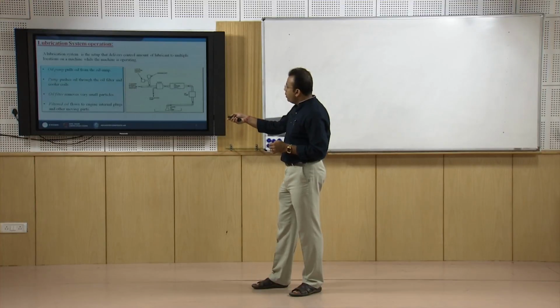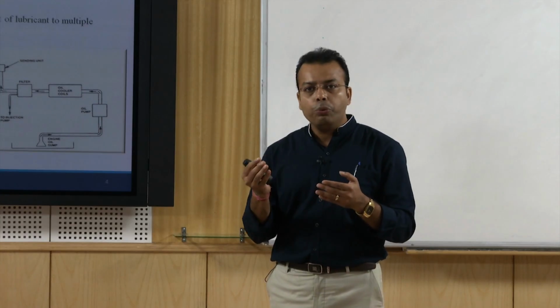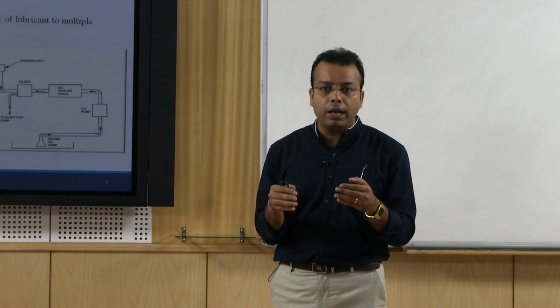So, the oil pump pulls oil from the oil sump, and pushes oil through the oil filter and cooler coils. The oil filter removes very small particles, because we are continuously reusing that oil, not putting in new oil frequently.